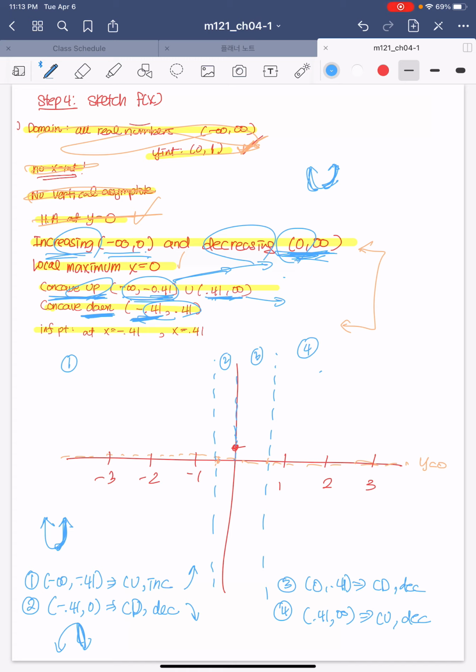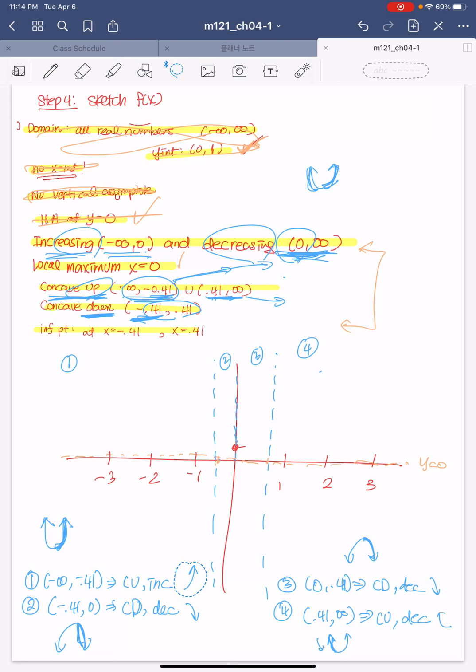And then you have concave down and then decreasing, so it will be this part. And then you have concave up and then decreasing, so it will be this part here. Okay, so let's start putting this into our graph.